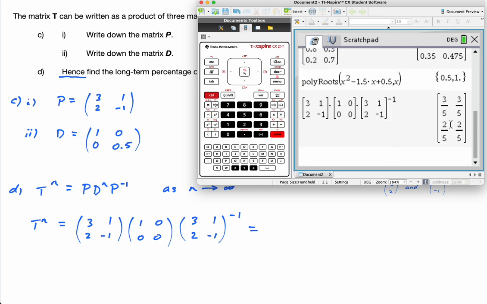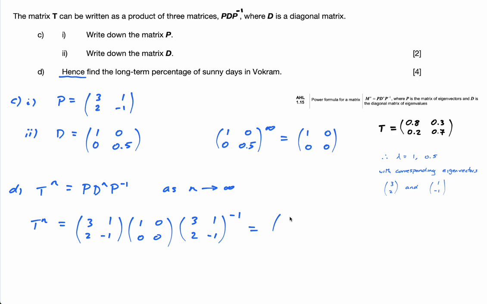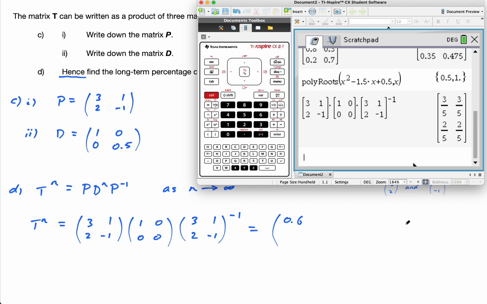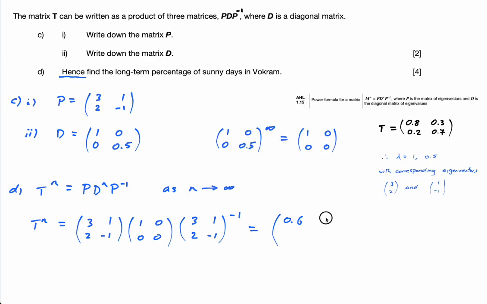Press enter, and I get 3/5, 3/5, 2/5, 2/5. So 0.6, 0.6, 0.4, 0.4, in both rows.